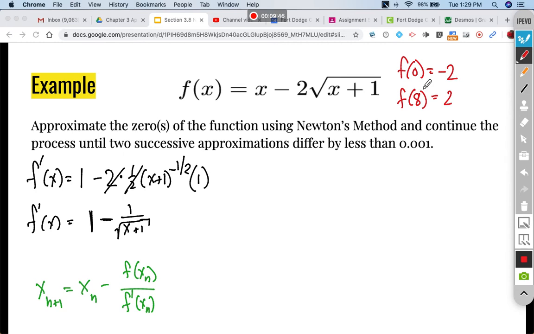So I'm going to just start off with a guess. My first guess, again, I'm going to pick something easy to work with. My first guess is x equals 3.